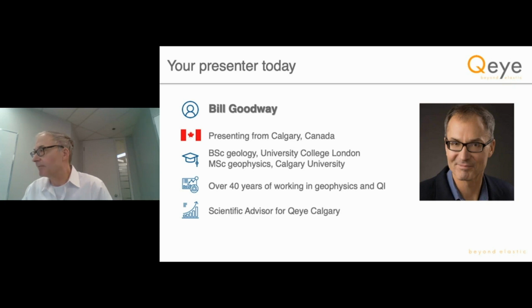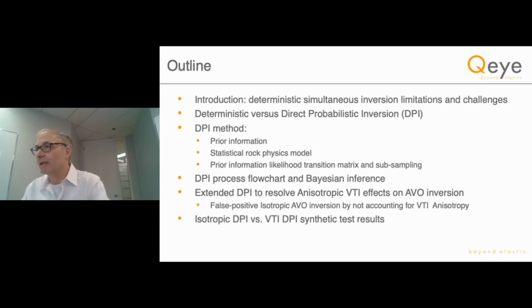QI in Calgary. So as an outline, I'll start with an introduction of deterministic simultaneous inversion, what we normally do for AVO and inversion, and just touch on the limitations and challenges as motivation for what we call direct probabilistic inversion at QI.